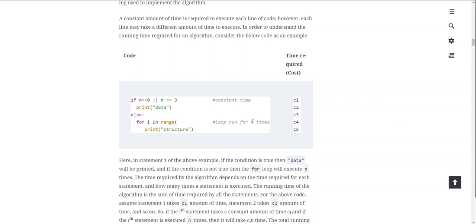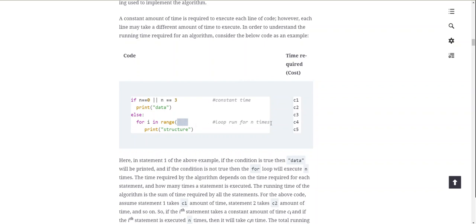We don't know what the rest of this line of code is, but this line of code runs an unknown number of times. So if I had said, hey, I'm going to go through this 3 times, I only go through that 3 times, it doesn't change regardless of n.